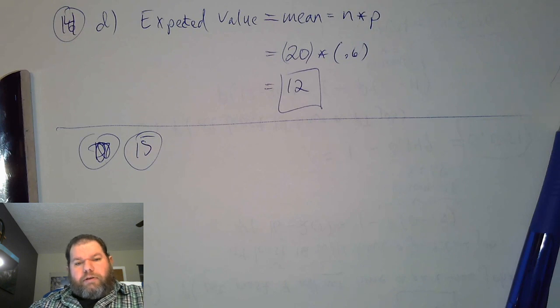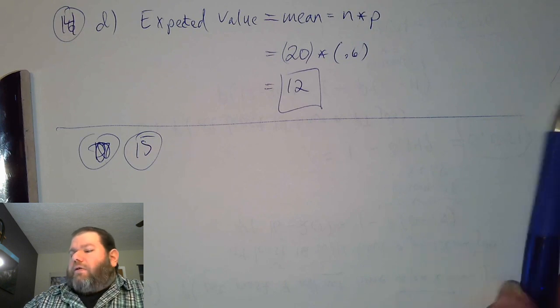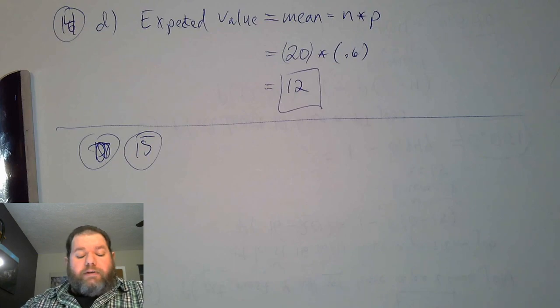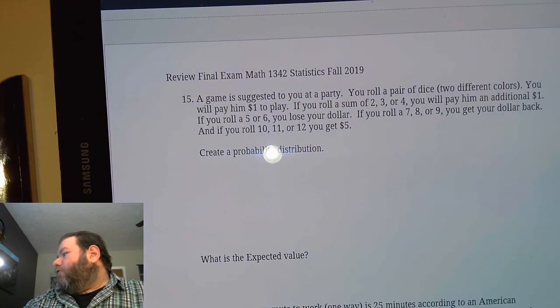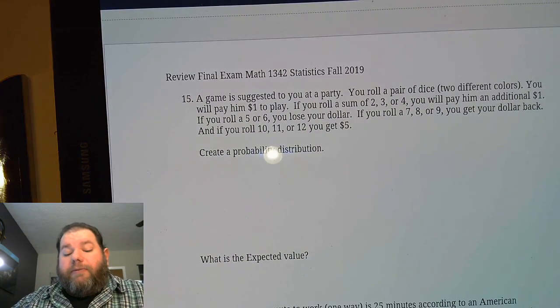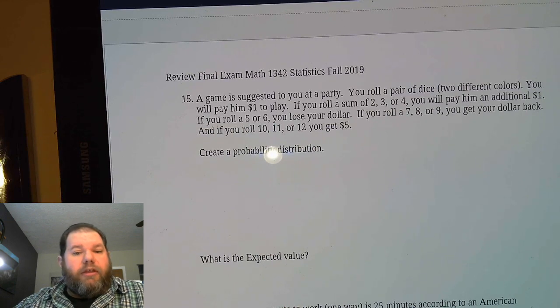Now I really don't like this question 15 because we did not study dice at all for the probability of outcomes on dice. The one on your test for number 15 here is almost exactly like the one that we did on our test 2, where we had 10 numbers in a hat.